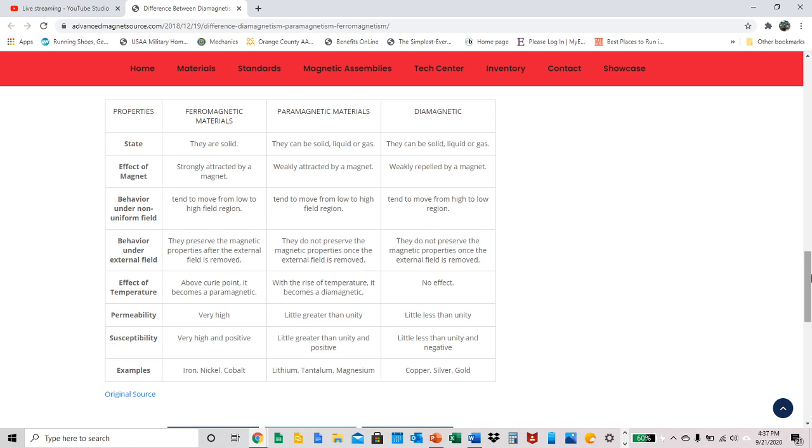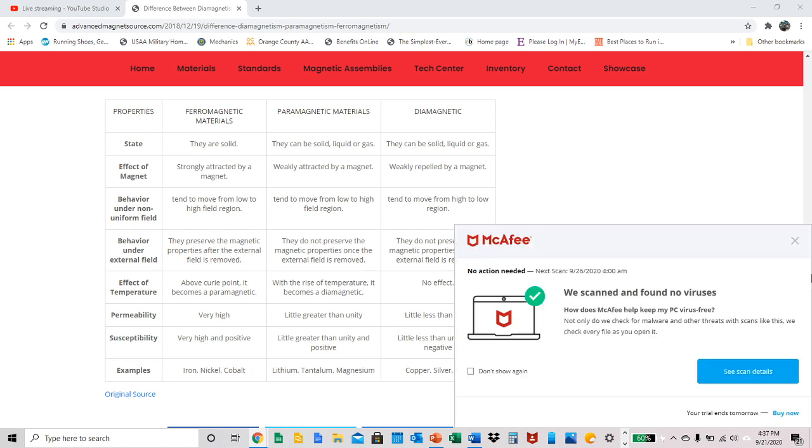If you don't understand what I mean by that, there's some reading in your text that explains that further. Paramagnetic materials behavior under non-uniform magnetic field tend to move from low to high field regions, same as ferromagnetic. And then diamagnetic materials tend to move from high to low regions in a non-uniform magnetic field. So that is a description of the behavior of those different descriptions of materials.